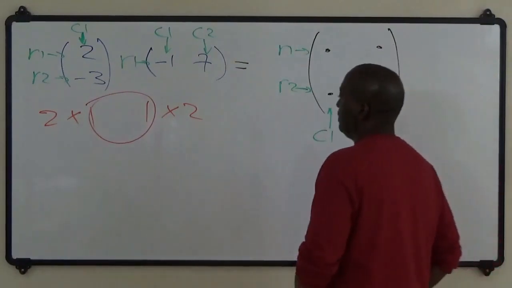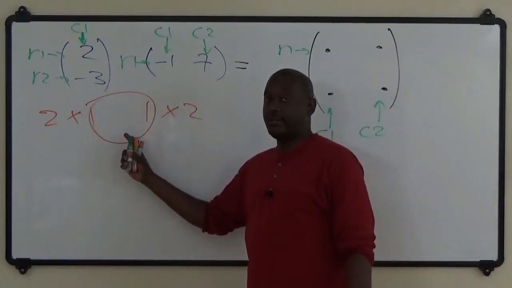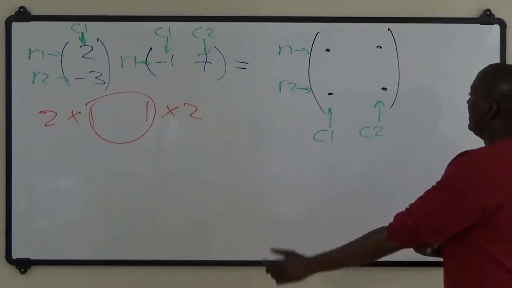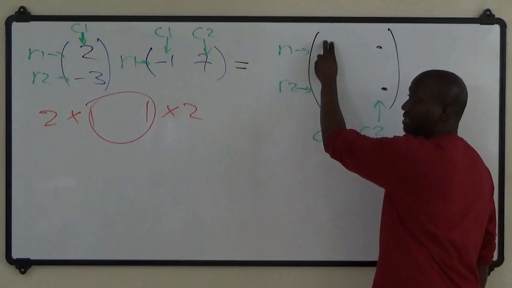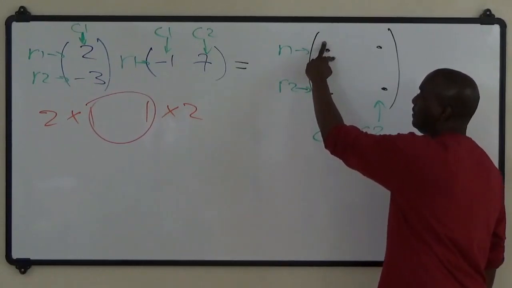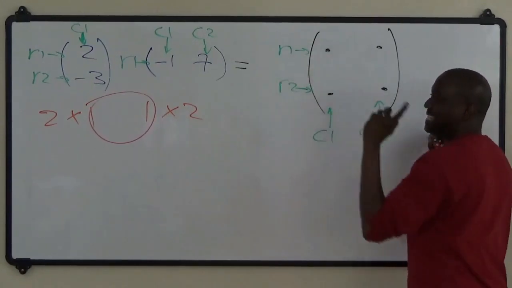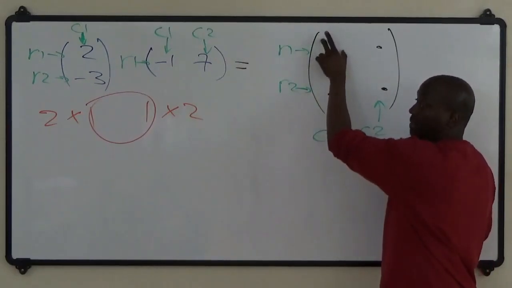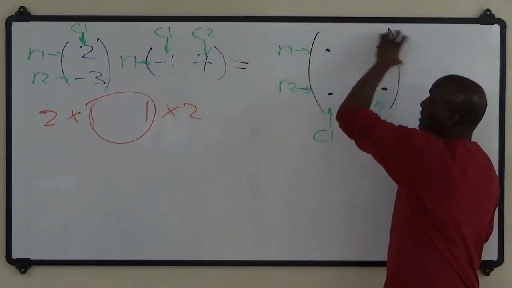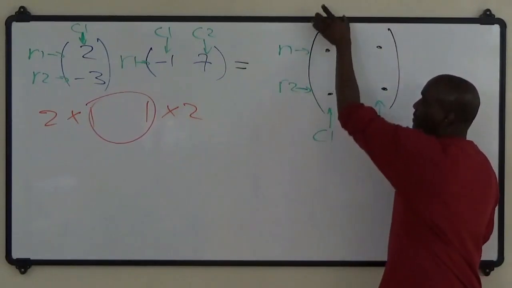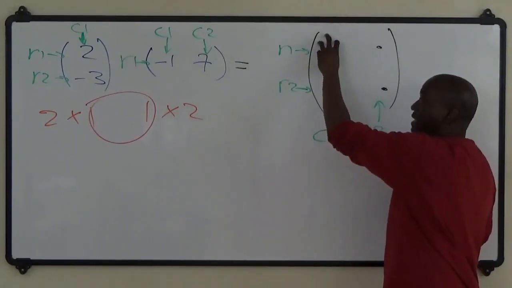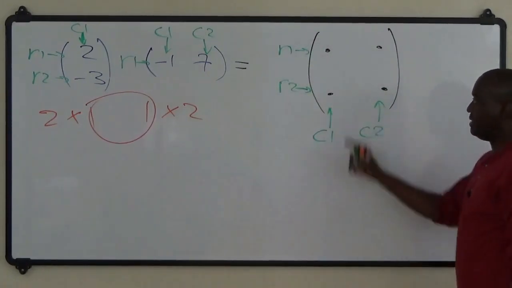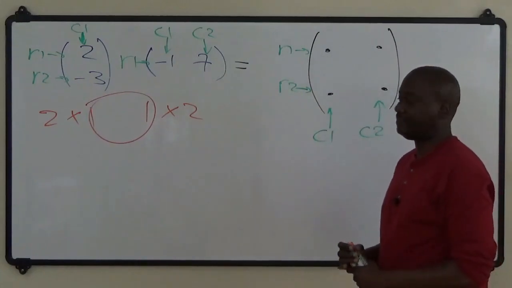And this is where this property comes in useful, as you'll see in a little bit. Because this quantity is formed at the intersection of the first row and the first column. This whole thing here is the first row. This whole thing here is the first column. The point of intersection of both of them will give us this quantity here in the answer.